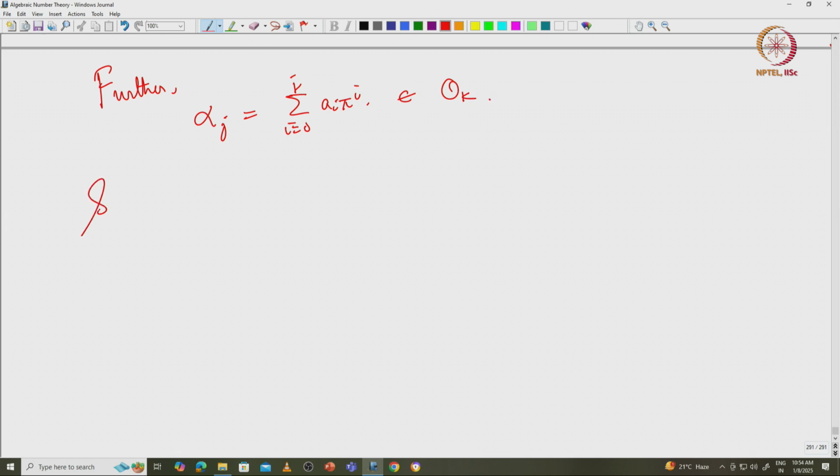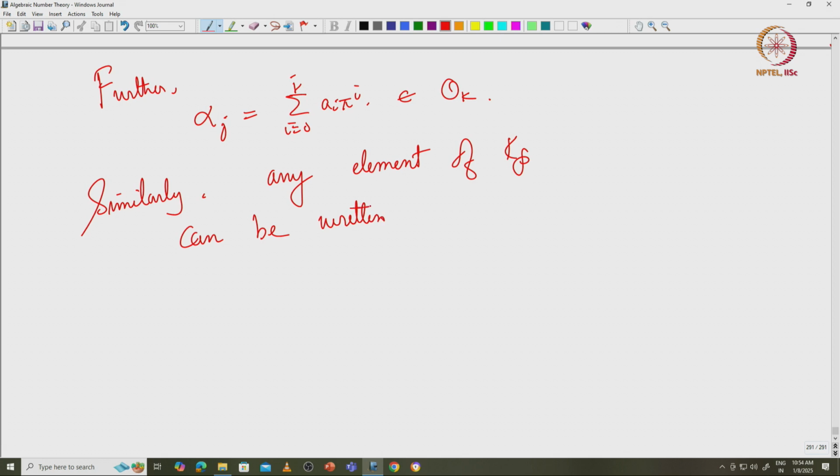Now, similarly, any element of K sub P can be written as summation i going from minus n to infinity a_i pi to the i, where again a_i is in beta 1 up to beta m.